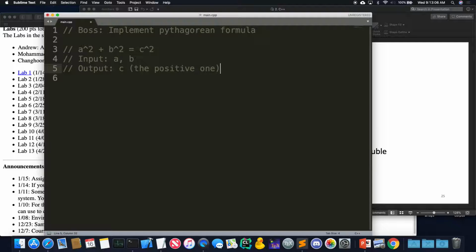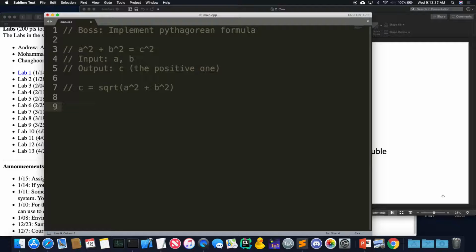So in this case, c could be negative because of the squaring, but we're not going to deal with the negative root of this equation. So let's see. So if I want to write c equals something, how is it in relation to the rest of the formula up here? Yeah, something you learned at some point or another. It's the square root of a squared plus b squared.